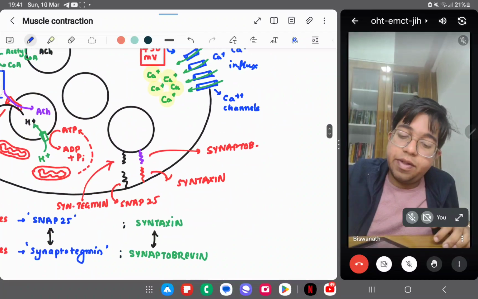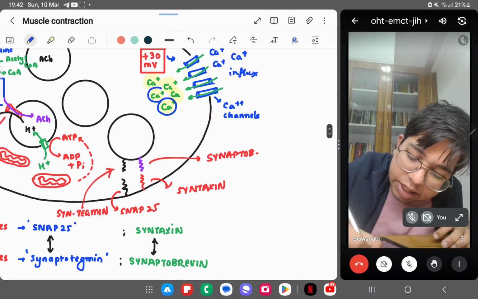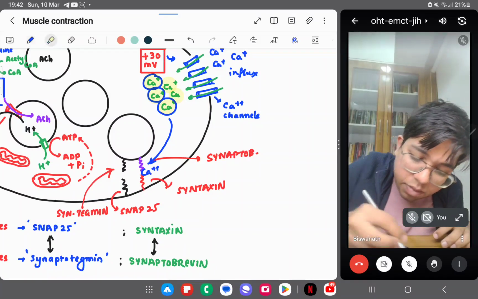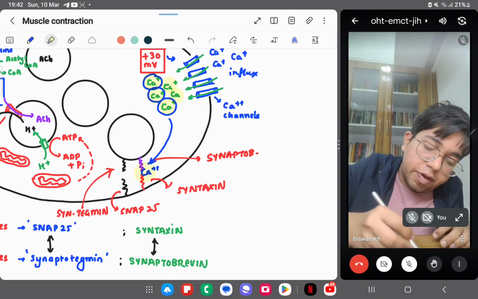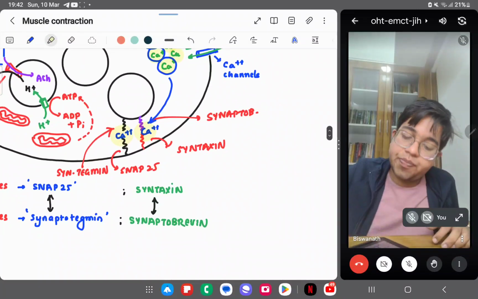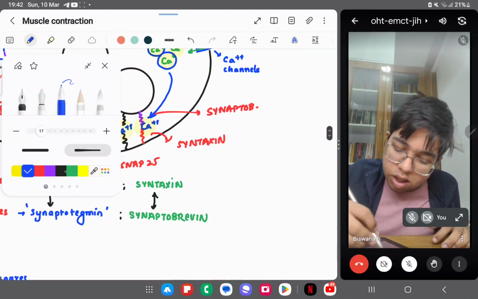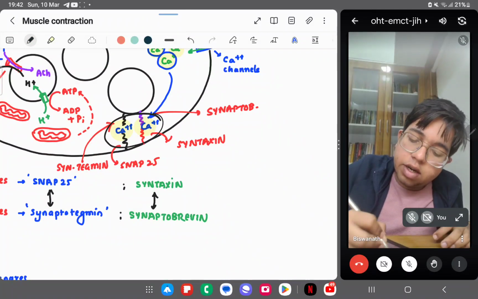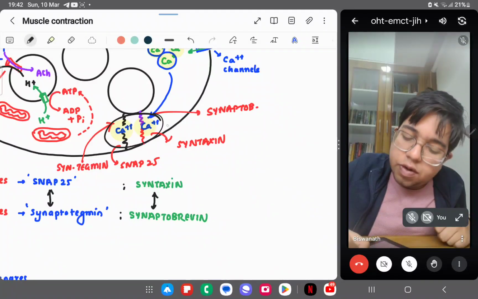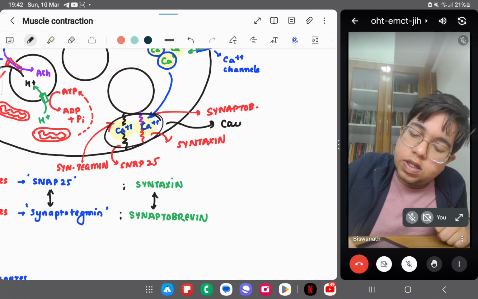What will help in this fusion? This pretty calcium will help in their fusion, and when they fuse with the help of calcium, they fused like this. And when they fuse, they will cause exocytosis.